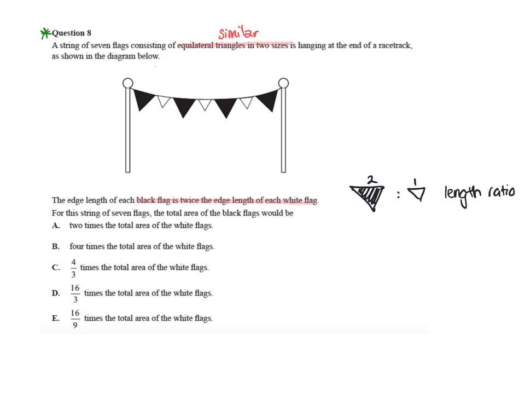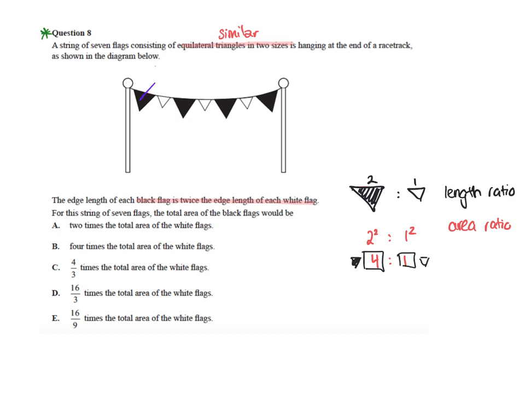Okay, now it says for the string of 7 flags, the total area of black flags would be, and then you can see in the answers they're comparing it to the area of the white, so they're using ratio language there. So first we'll find the area ratio, the black flag compared to the white, and remember we would square those numbers, so it's 4 to 1. So if the black flag had an area of 4, then the white flag would have an area of 1.